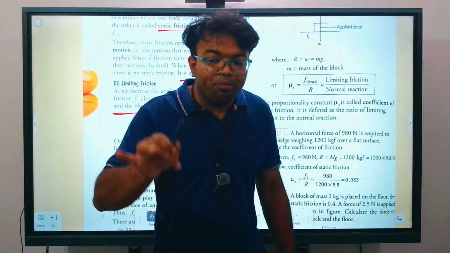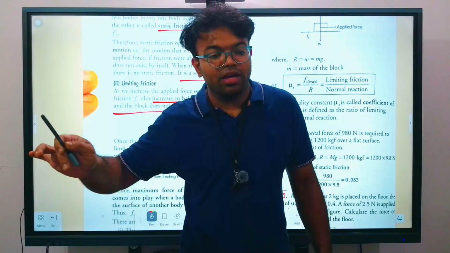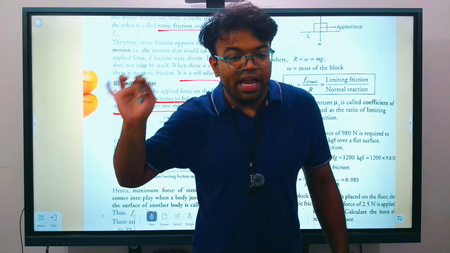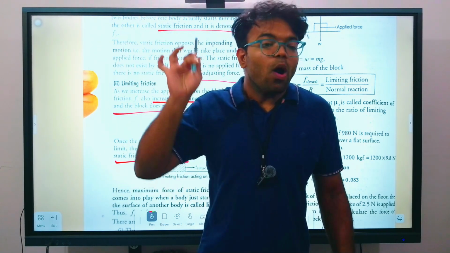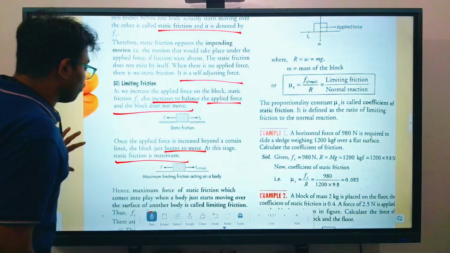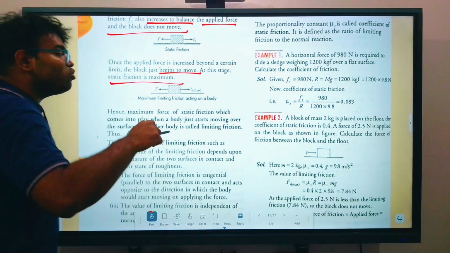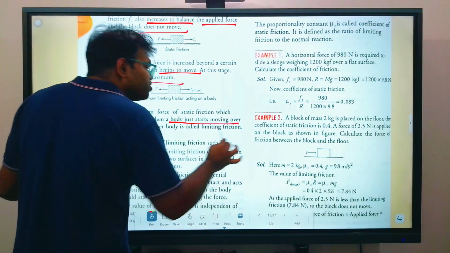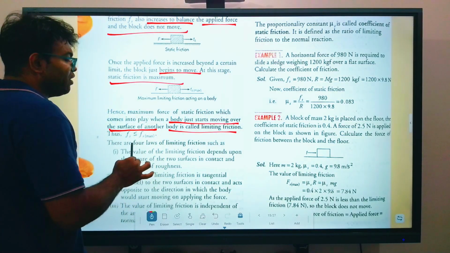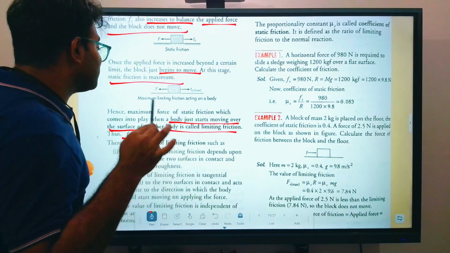Before the object actually starts to move, the friction produced by the surface and the body is the maximum. Once it starts to move, the static friction disappears. Hence, the maximum force of static friction which comes into play when an object just starts moving over the surface of another body is called the limiting friction. That is, Fs is less than or equal to Fs max.